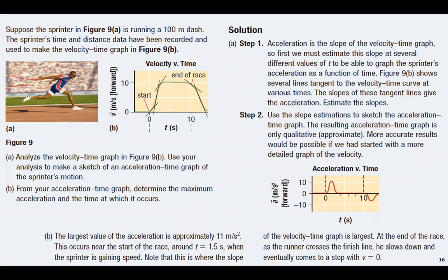This occurs near the start of the race, around t equals 1.5 seconds, when the sprinter is gaining speed. Also note that this is where the slope of the velocity time graph is largest. At the end of the race, though, as the runner crosses the finish line, he slows down and eventually comes to a stop with speed equal to 0.